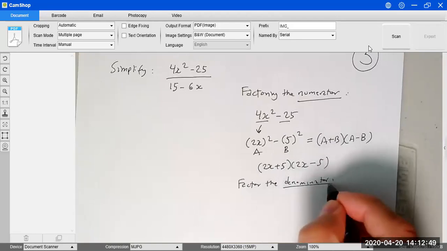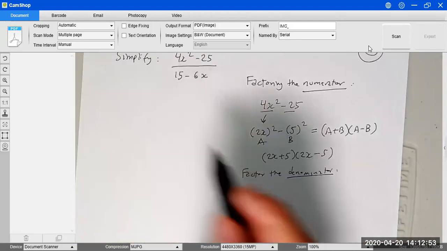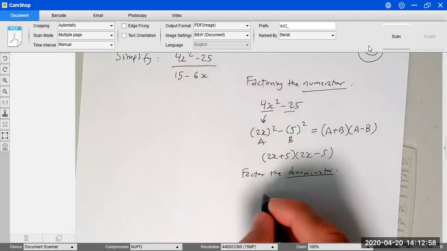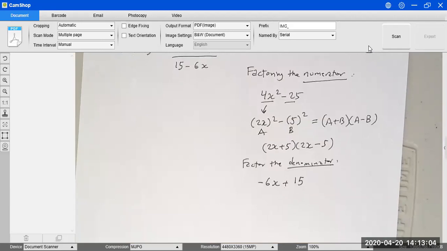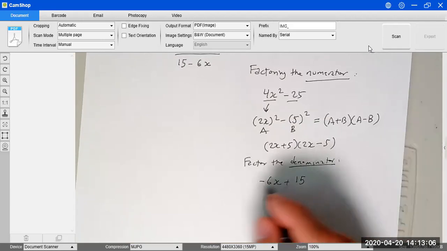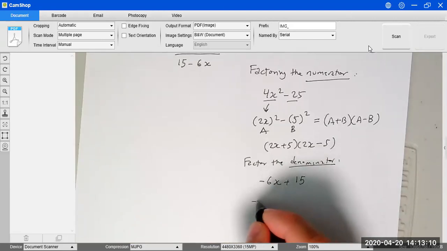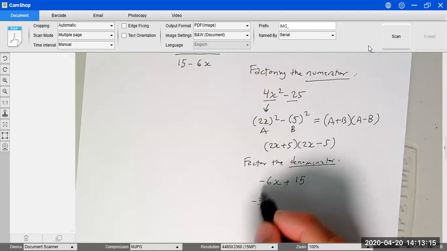When we factor the denominator, we usually write the polynomials in descending order of powers of x. So I should write first negative 6x and then positive 15. Then I look for a greatest common factor here. The greatest common factor is going to be negative 3. Remember, we always factor the negative sign if the leading term of our expression is negative.